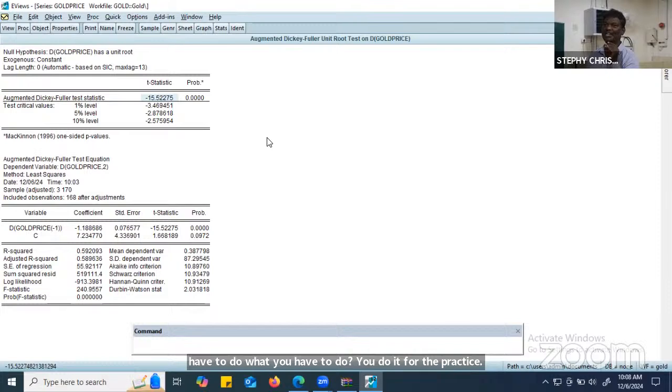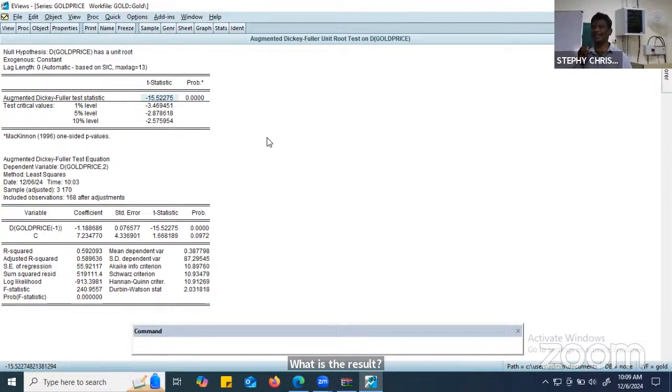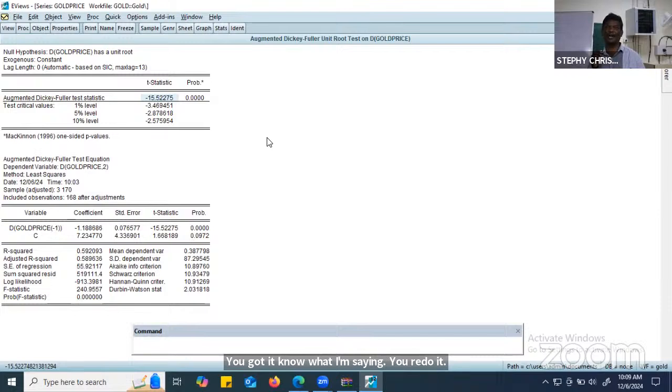Find out the stationarity with intercept and trend. What is the result? Redo it and tell me your outcome, the key findings, using the equation of intercept and trend. I want level and first difference.